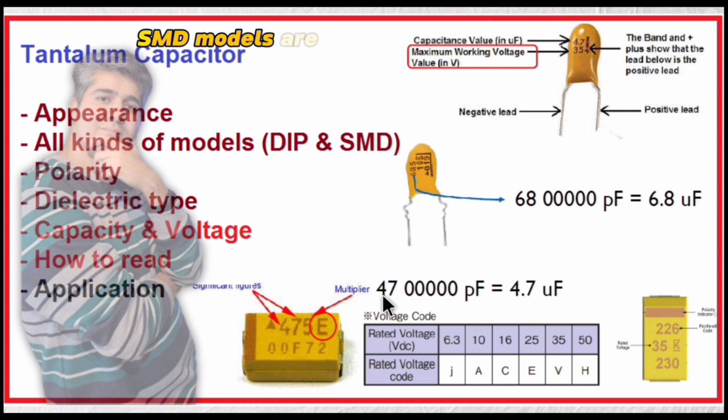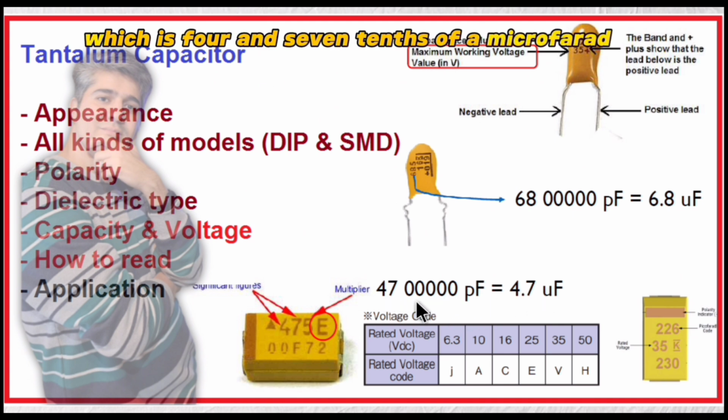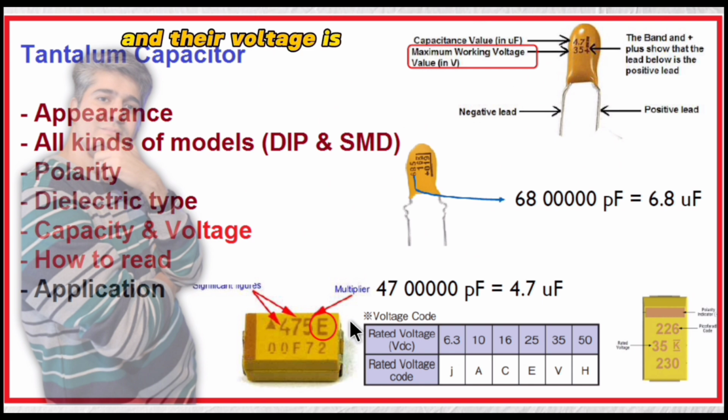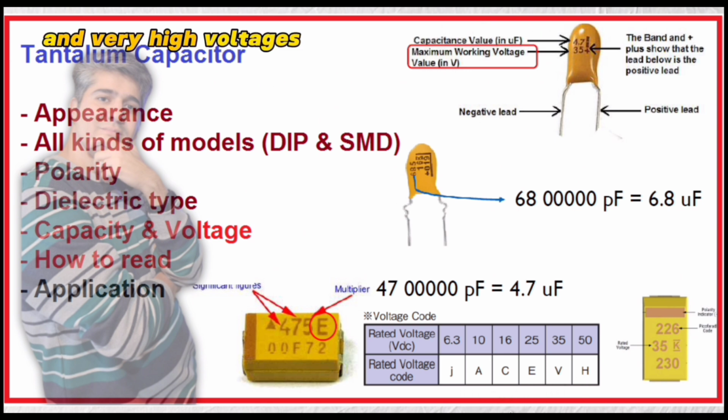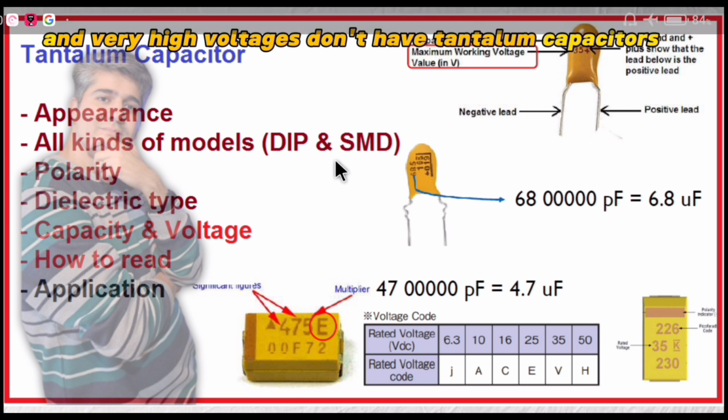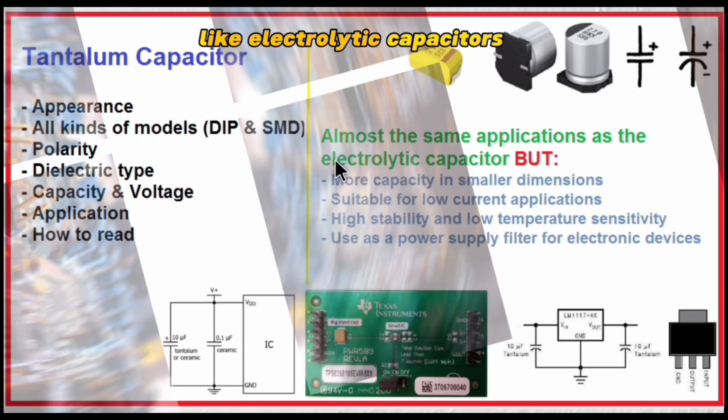SMD models are read in the same way, 475 is 4700000 picofarad, which is 4.7 microfarad, and their voltage is, for example, 16 volts. But the voltage of SMD models is determined according to a standard table. For example, the literal voltage is 25 volts, and very high voltages don't exist for tantalum capacitors like electrolytic capacitors.